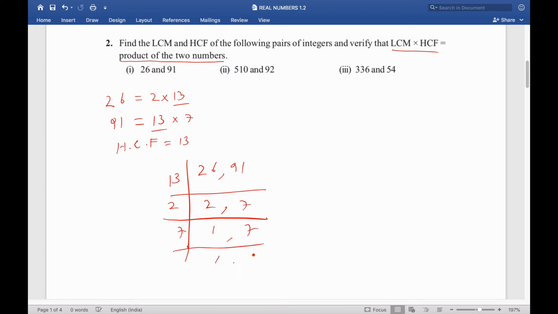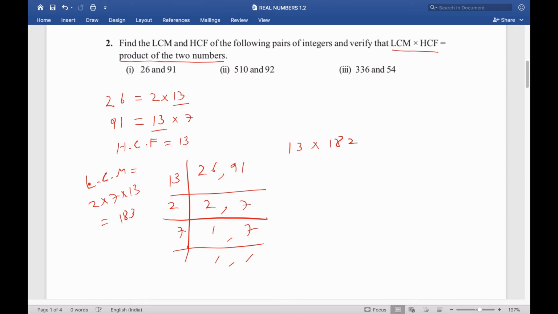So basically LCM is 2 into 7 into 13, which should give me 182.